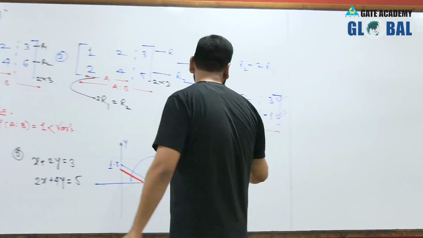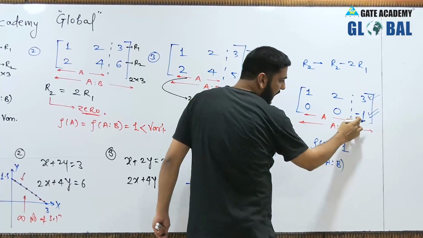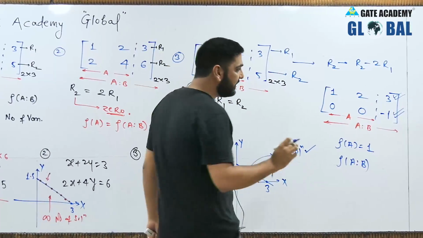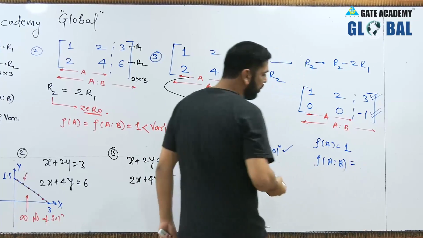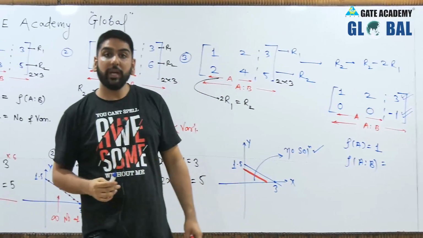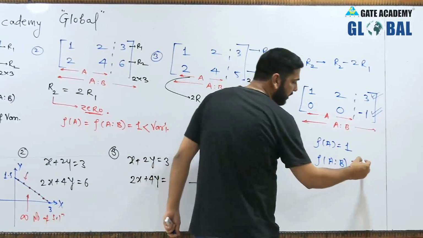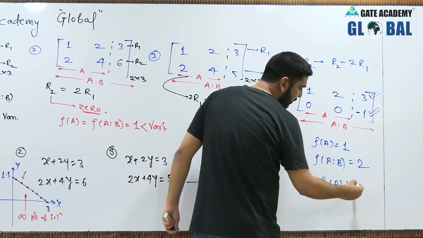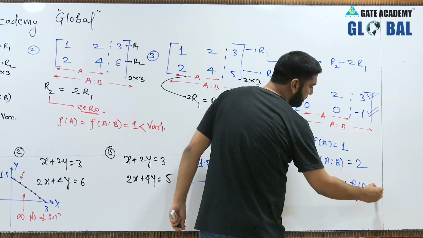That means R2 is not completely nullity, it is partially nullity. So the rank of A is 1, but in the case of AB it is 2. That means we can conclude here that rank of A is not equal to rank of AB.